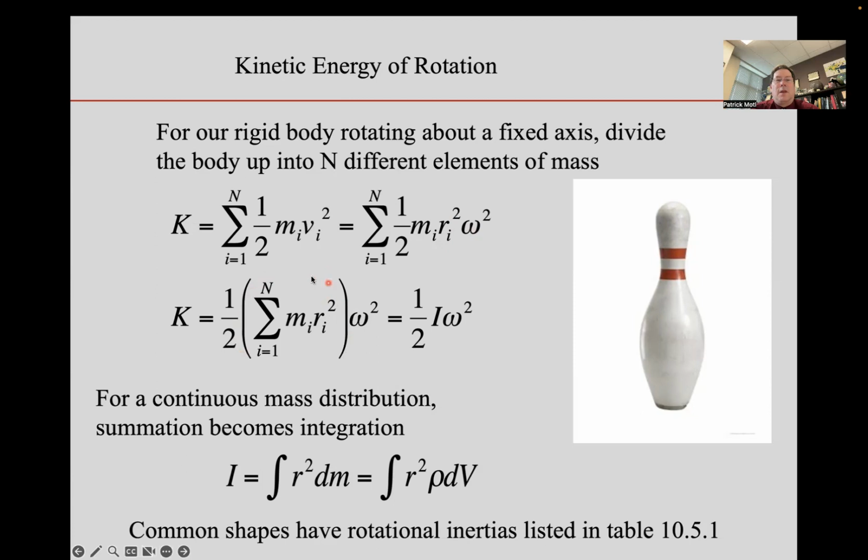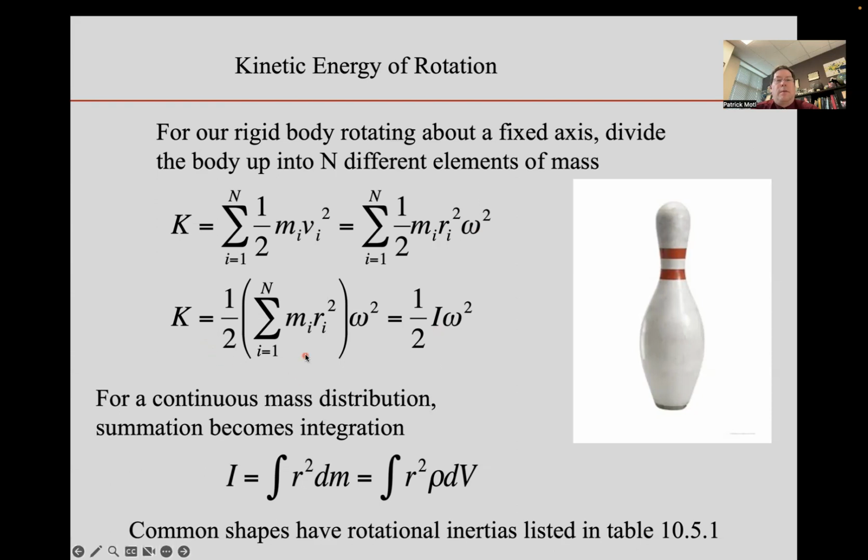And this summation over the matter distribution is called the rotational inertia. And since r_i depends on distance to the rotation axis, rotational inertia depends upon your choice of rotation axis. All right.